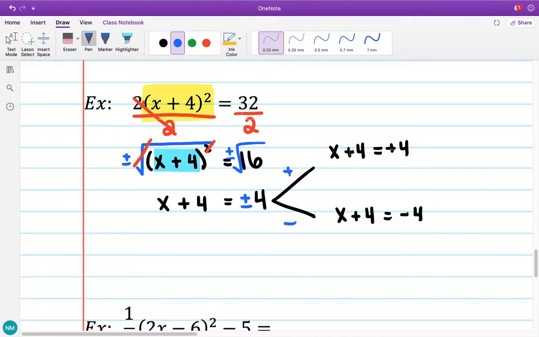Plus or minus, plus or minus. And then you solve. Minus 4, minus 4, minus 4, minus 4. These go away. And so I get x equals positive 4 minus 4, so x equals 0, and x equals negative 8.